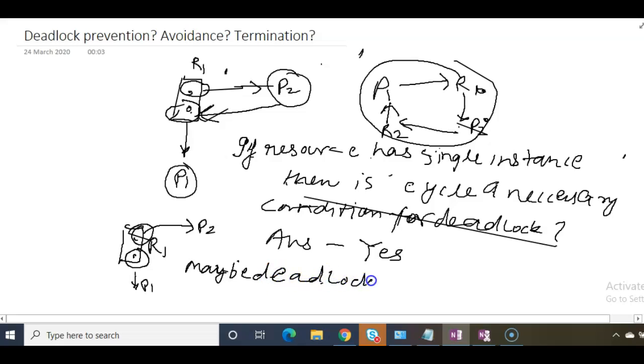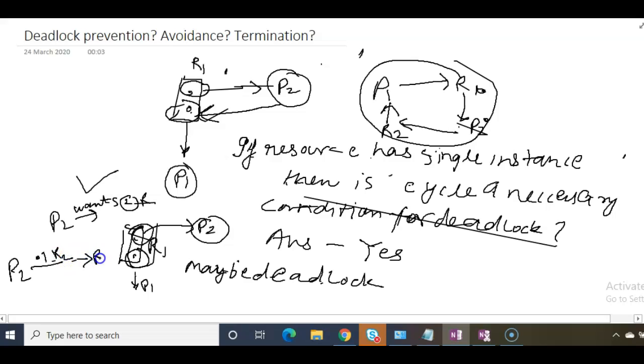It can cause deadlock if P2 wants both instances of R1. If P2 wants two instances of R1, then yes, deadlock. But if P2 wants one instance of R1, then no deadlock. So this is basically a resource allocation graph.